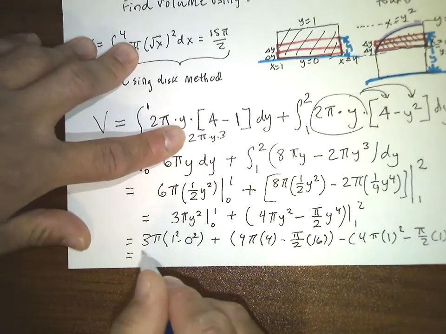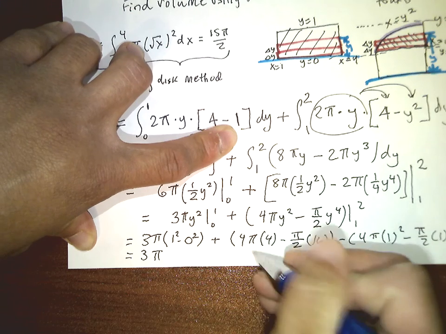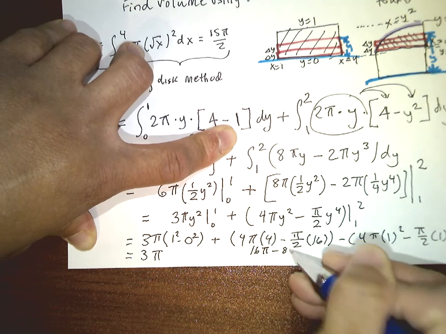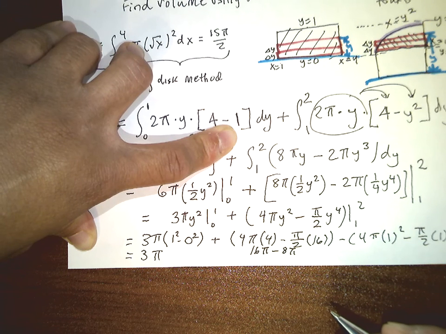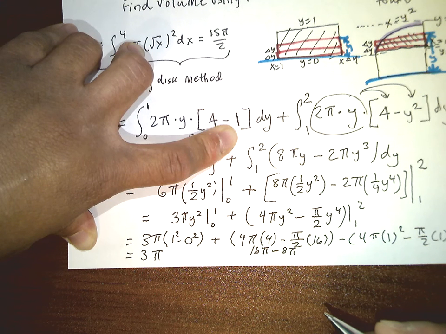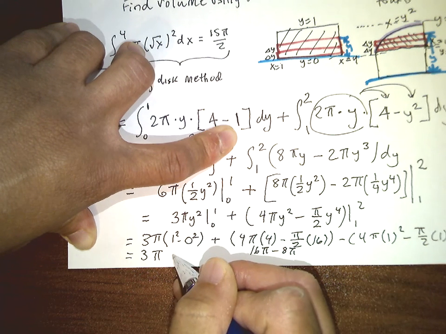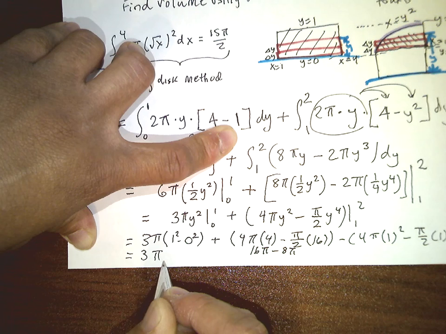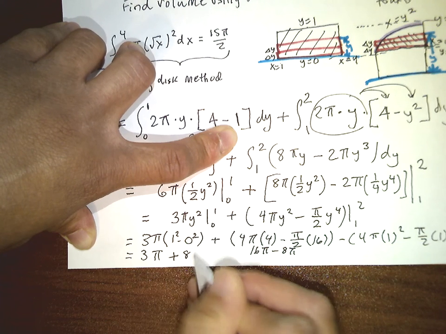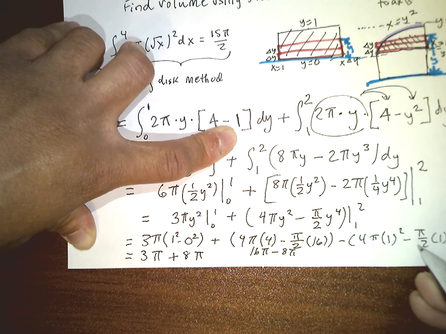So we're left with 3 pi, and then this will be 16 pi minus 8 pi, that's actually 8 pi, and then we have 4 pi minus pi over 2.